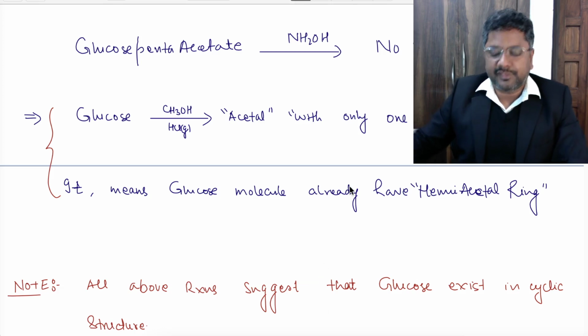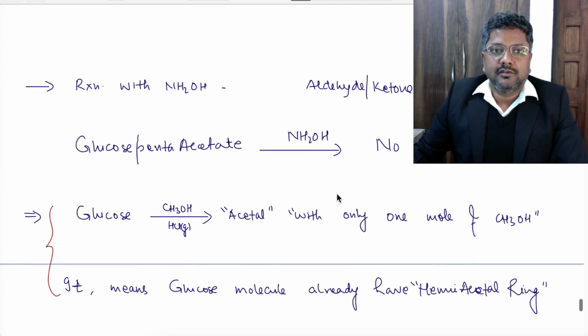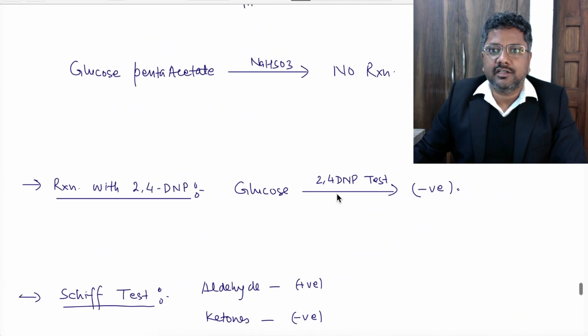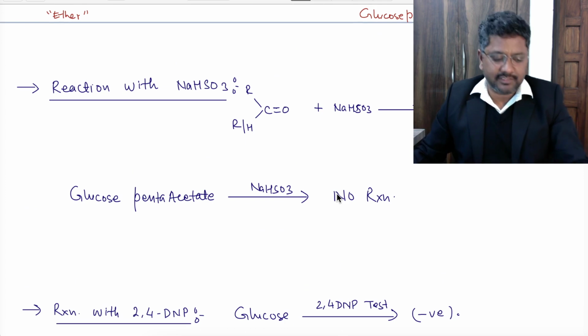Well, in the last lecture I have discussed some of the chemical reactions of glucose, which can be justified with the open chain structure as well as the cyclic structure.